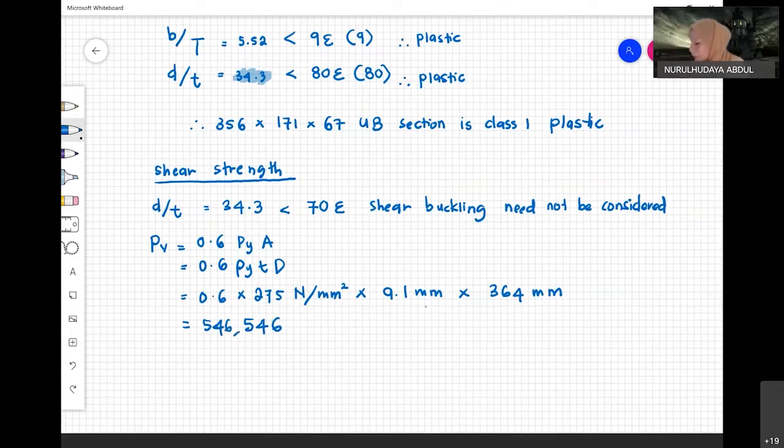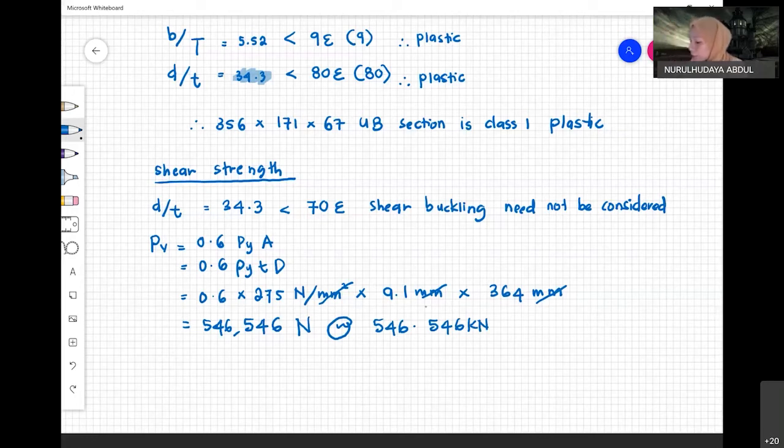Okay. So here it is in Newton. Jadi what we need to do next is kita tukar dia kepada kilonewton. 546.546 kilonewton, bagi 1000.